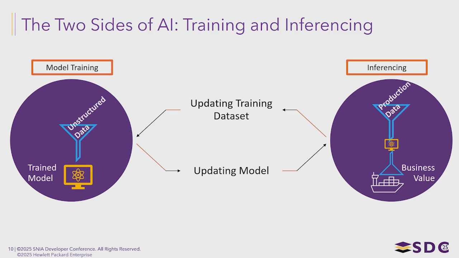On the inferencing side, you're dropping in some sort of production data. In the middle, you've got that trained model that we created on the left-hand side. And out the bottom, you want to dump a cargo ship full of business value. And you tie those two together in a continuous feedback loop, updating the model into your inferencing, taking the results of your inferencing, feeding that information back into your model training to make your model better, over and over and over. A virtuous cycle, we sometimes call that.